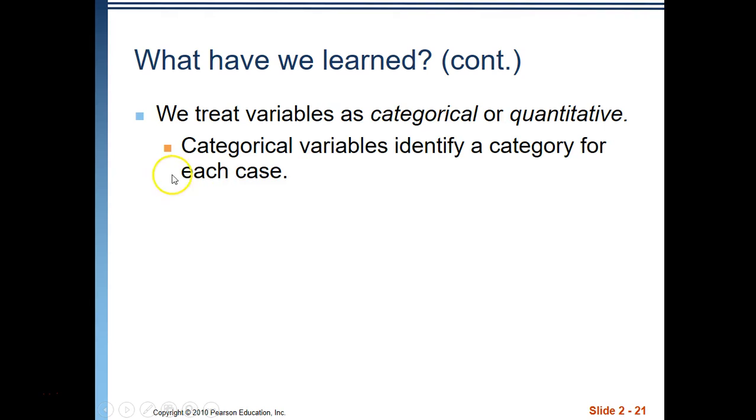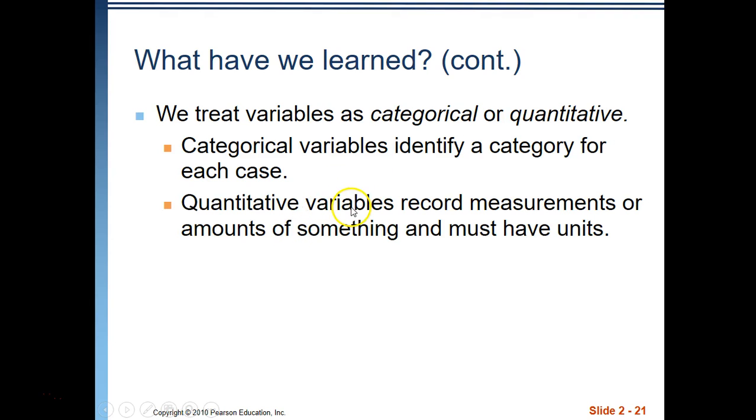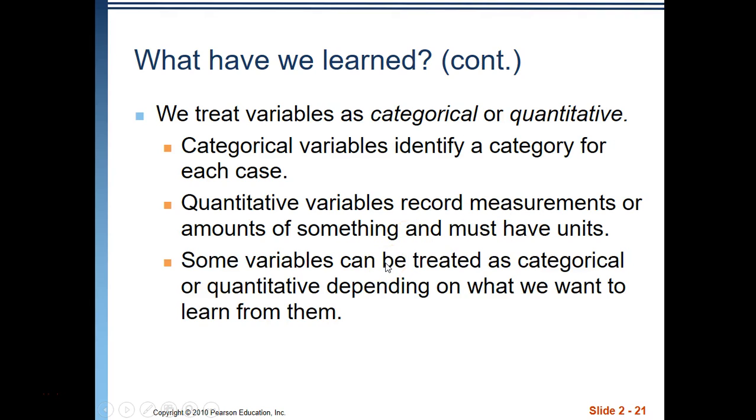And again, sometimes they're called qualitative. Categorical variables identify a category for each case. Quantitative variables record measurements or amounts of something and must have units. And some variables can be treated as categorical or quantitative depending on what we want to use them for. So they could be both, depending on how you want to use them.